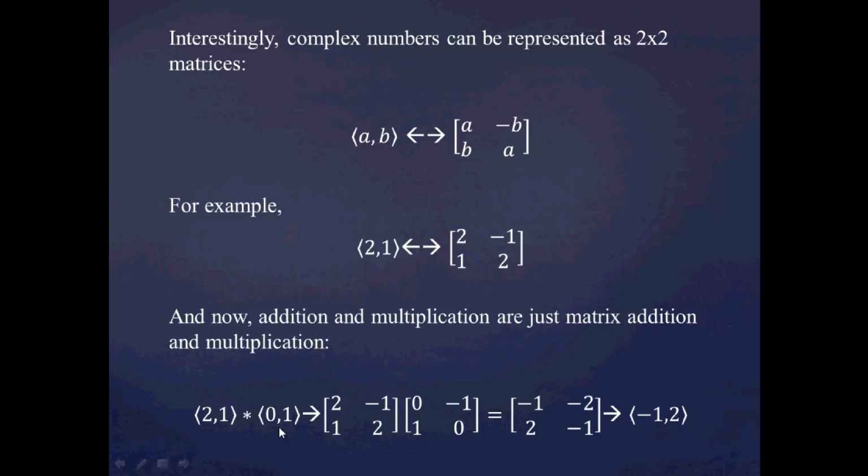And I would write (0, 1), or essentially i, as [[0, -1], [1, 0]]. And then I just do conventional matrix multiplication to find the result. So when I multiply these two matrices, I get the matrix [[-1, -2], [2, -1]], which I then convert back to the ordered pair representation. So this would just be the ordered pair (-1, 2), which is right here.